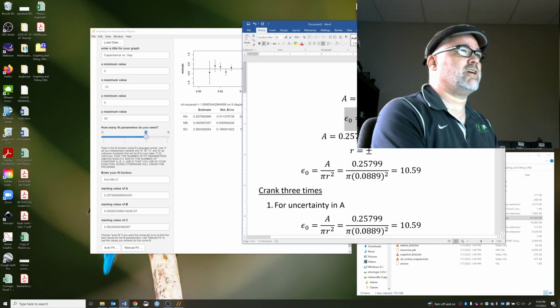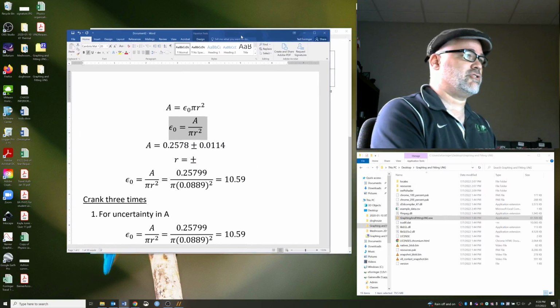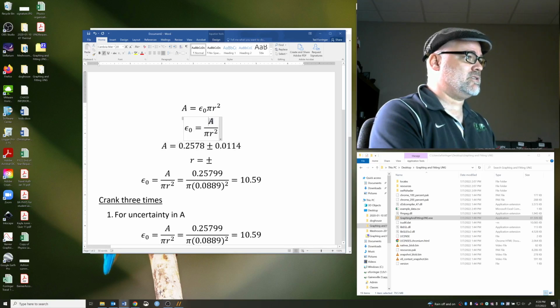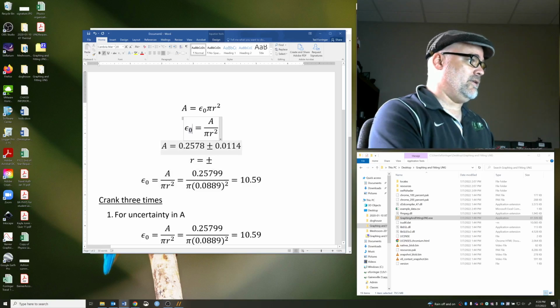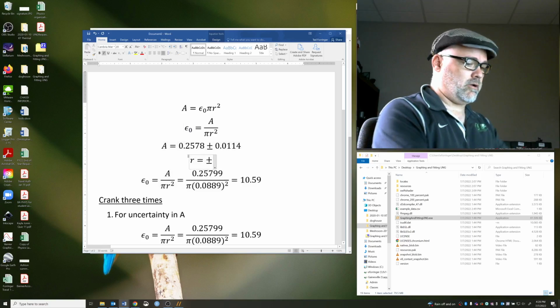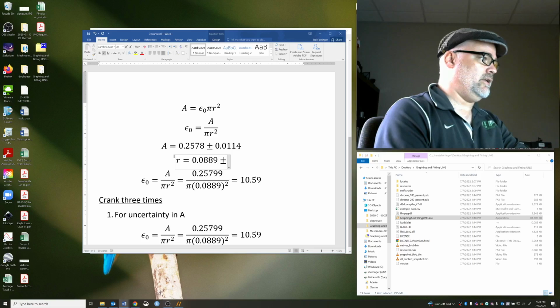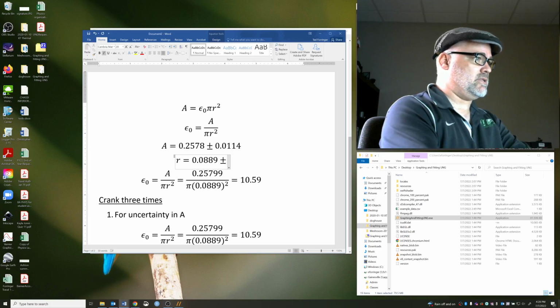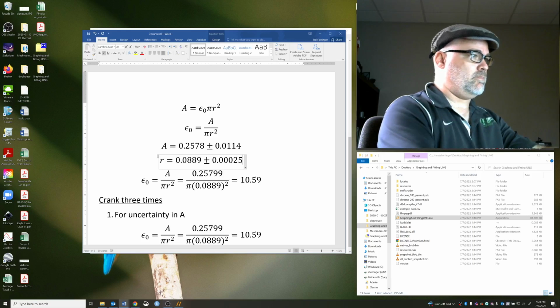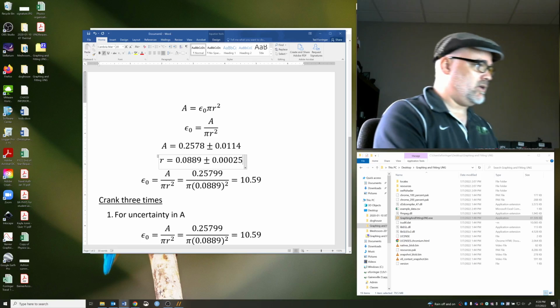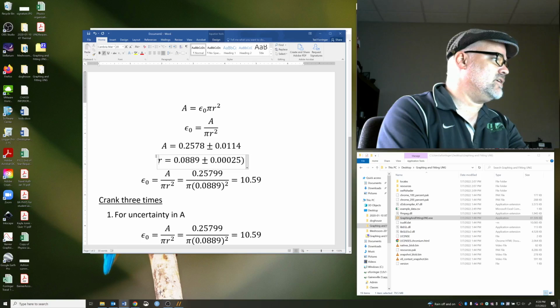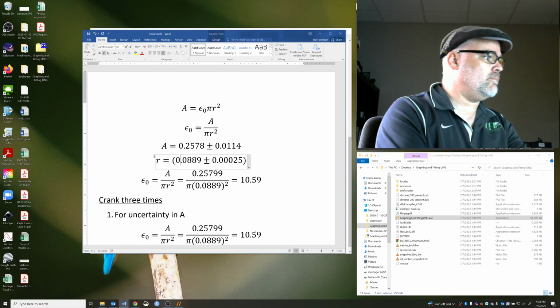Once the computer tells you what A is, by plugging in the value for A and the value for R, we can find epsilon 0, and R is 0.0889 plus or minus a quarter of a millimeter. So that's in meters.